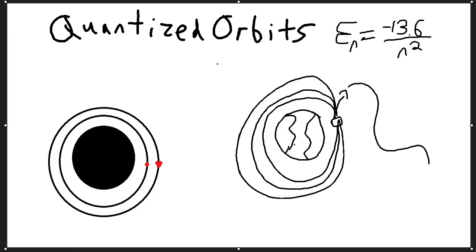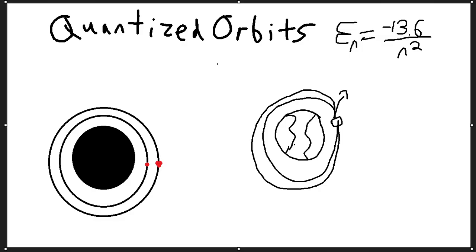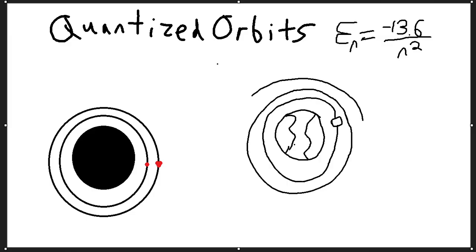It's continuous because you can have any amount of orbit that you want. You can orbit here, you can orbit here, you can orbit here, and there's no restriction.